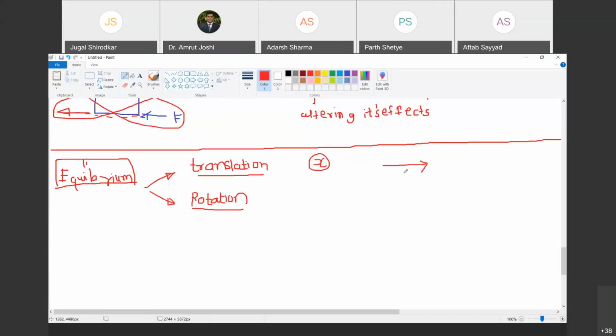If the body is at rest along x-axis, meaning there is no translation along x-axis, that is one condition.